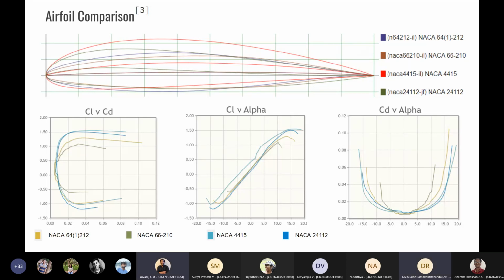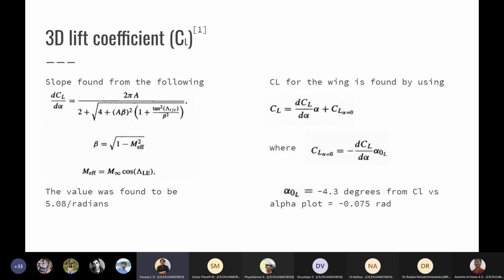Then we started with the 3D lift coefficient estimation. In that, we first found the slope dCl by d alpha to be 5.08 per radian, and then we took the values for... Instead of 2 pi, what did you substitute? Did you substitute something else for 2 pi, or just took it as 2 pi?